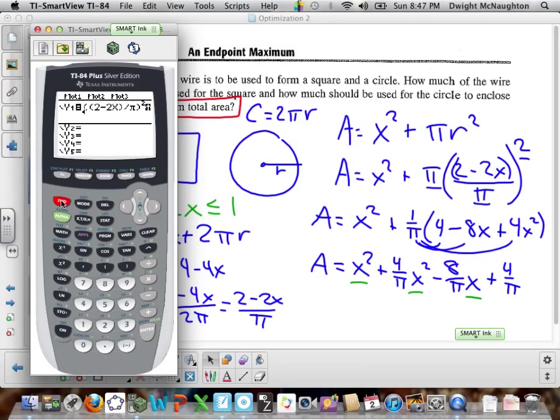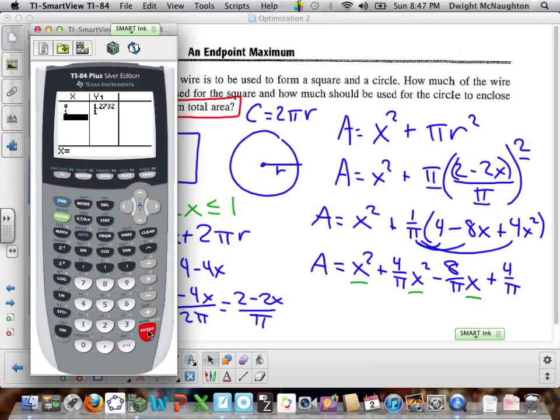All right, I'm going to look at the table here. And if I plug in 0, I get an area of 1.27. If I plug in 1, I get an area of 1.